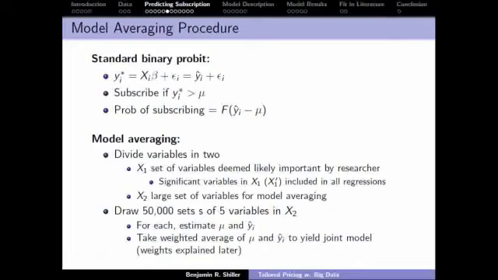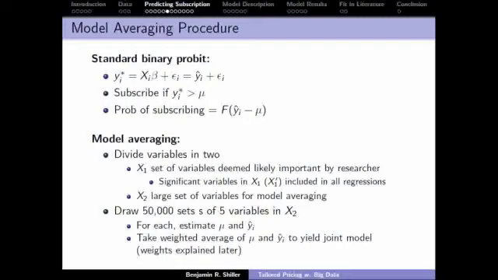So first I just want to quickly review, for those of you who haven't thought about it for a while, the standard ordered binary probit model. So your dependent variable is binary, and the idea is that there is an unobserved underlying variable which, if it exceeds some threshold, the consumer, let's say, subscribes to Netflix, and if it doesn't exceed that threshold, they don't subscribe.